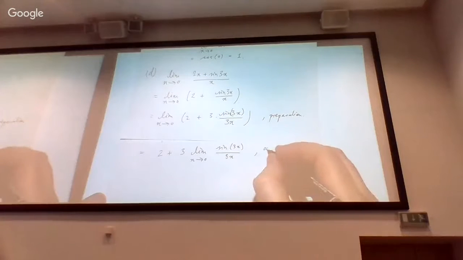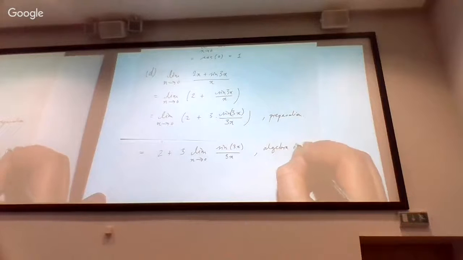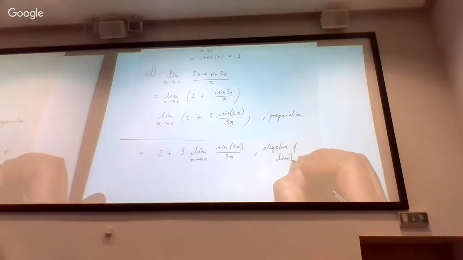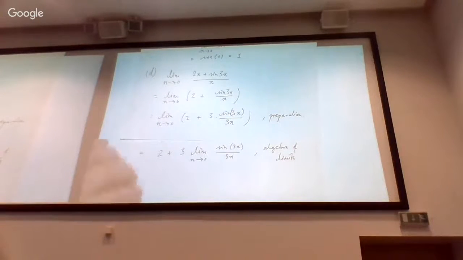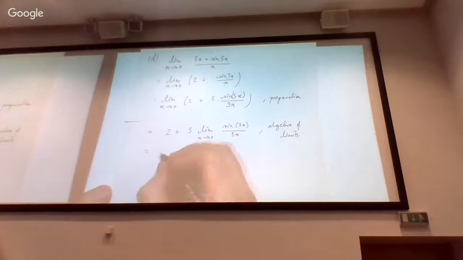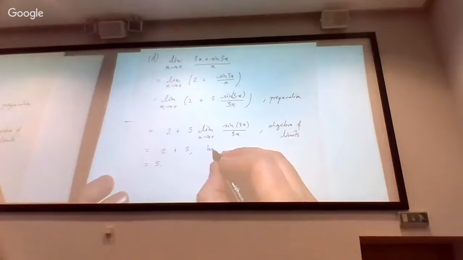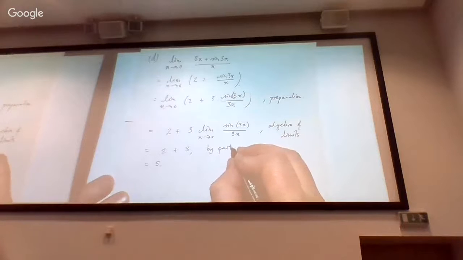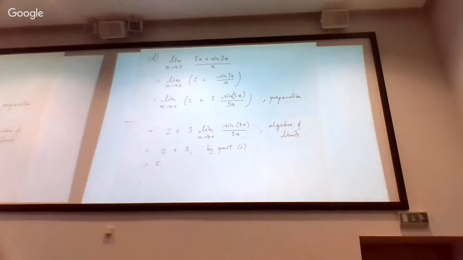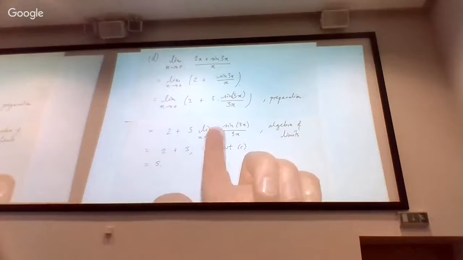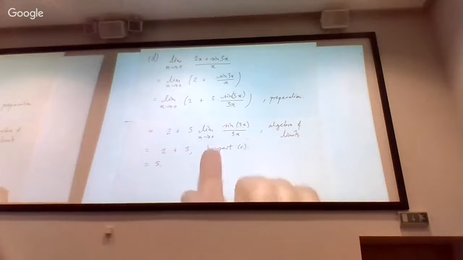Okay, so that's by the algebra of limits theorem. Now we can quote the result of part C. So that's by part C. And just another little twist to explain here. It's presented slightly differently. It's the limit of sine of 3x over 3x, not as 3x goes to 0, but as x goes to 0.